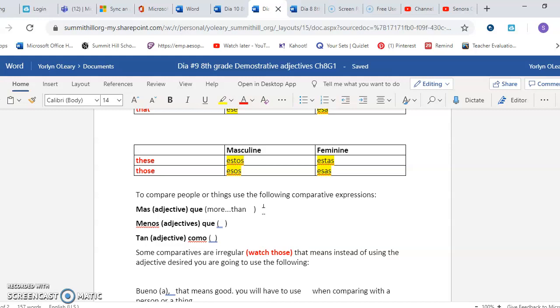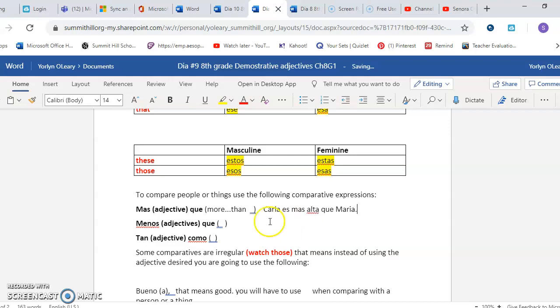So I could say, Carla es más, here comes the adjective, alta. And notice, if I'm talking about Carla, that adjective has to match, okay? This is what we learned in 7th grade. Carla es más alta que, and then I'm putting María. So that is an example of when I use más que.